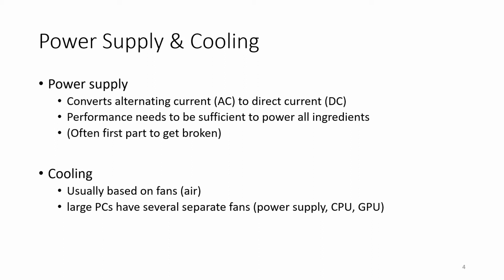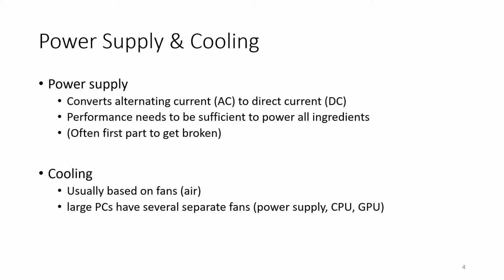If your power supply is very close to its limits, it's often the first part to break. Cooling, you usually do not have to worry about. It's based on fans, and nowadays several components have their own fans, for example the GPU or power supply. Those are basic things you usually do not worry about so much, besides if you assemble the computer yourself.